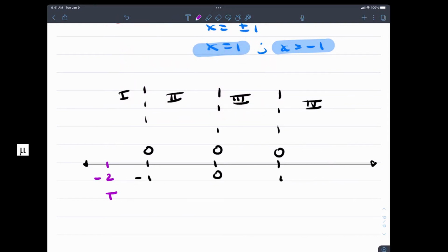Negative 2. Isn't that to the left? Okay, I'm going to use positive 2. Just for symmetry, I'm going to use negative 1/2. I'll use positive 1/2. There you go.